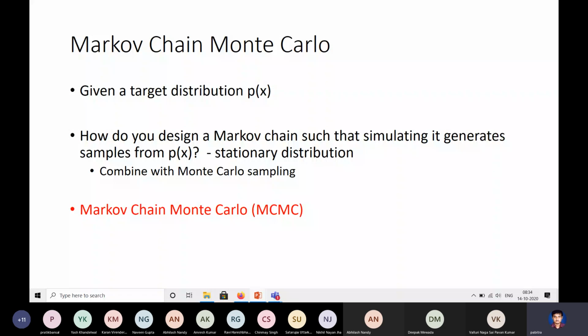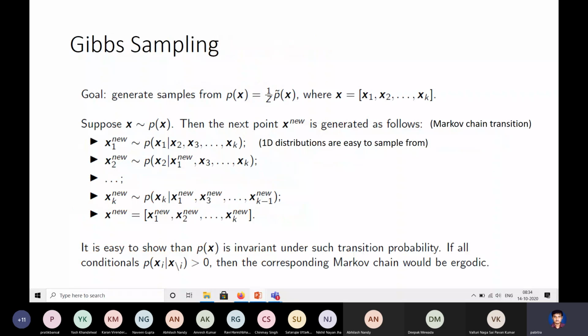All right, so the first method is something known as Gibbs sampling. I want to draw a sample X from a target distribution Px. So let's say this is my input space, x1, x2, and as you know, I'll design a Markov chain.